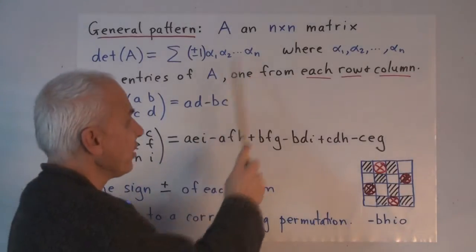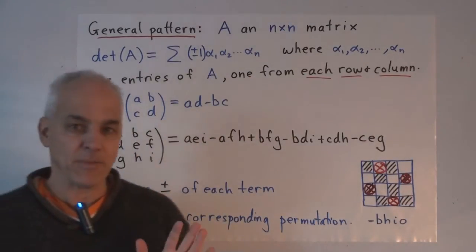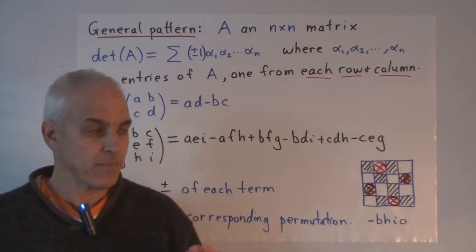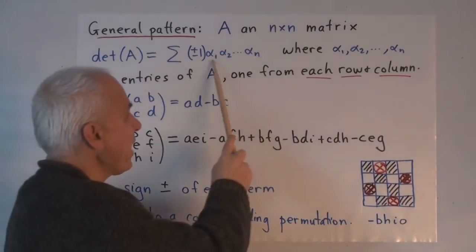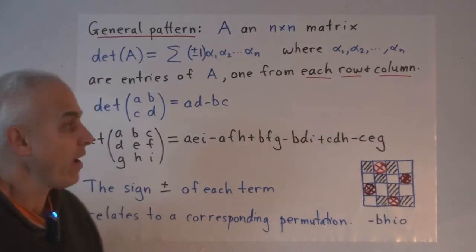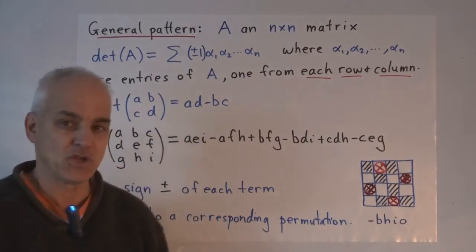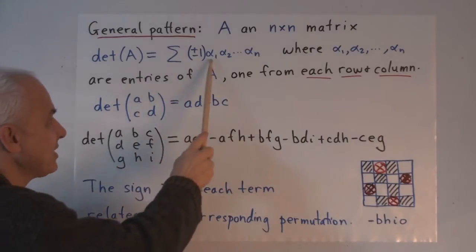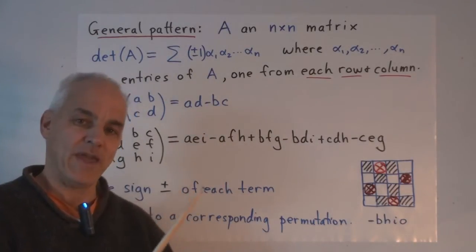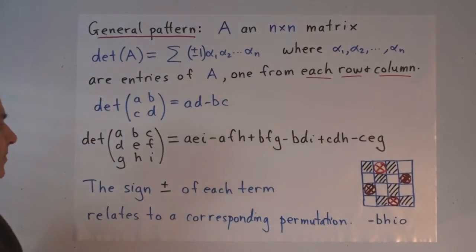And these n entries that we are choosing are not random, not just any n entries. But we only choose these products where there's one element from each row and one element from each column. And we sum over all such choices of n elements of A.